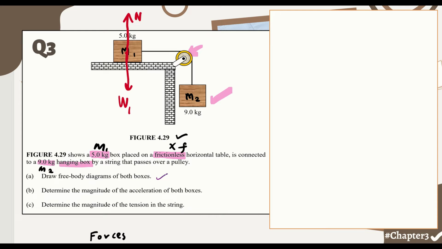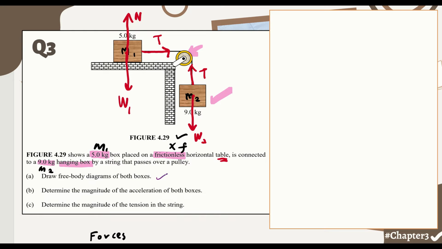And we don't have any friction because it is a frictionless table. And we have tension. The direction of tension is always outward from the object. And for mass number 2, we have weight, W2 to be specific, and we have T. It is always outward from the object.